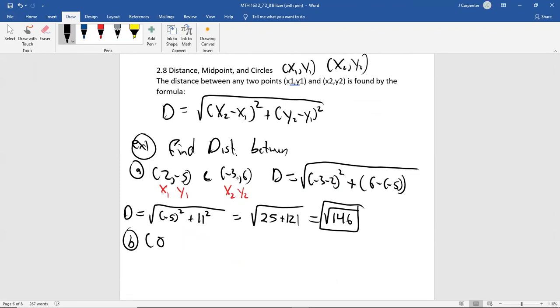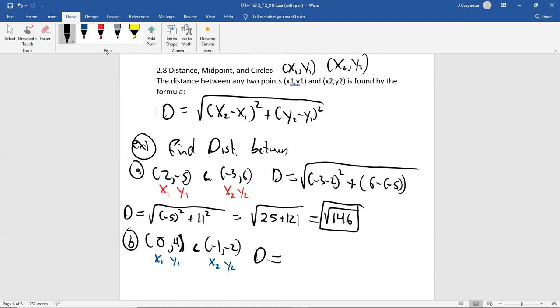B, let's go with points of 0, 4, and -1, -2. And if you wish to label them, that's x1, y1, x2, y2.